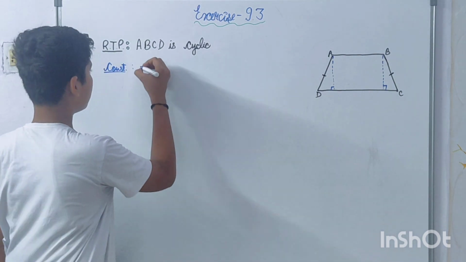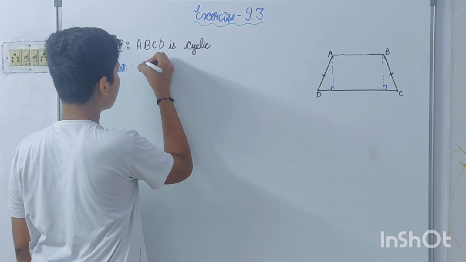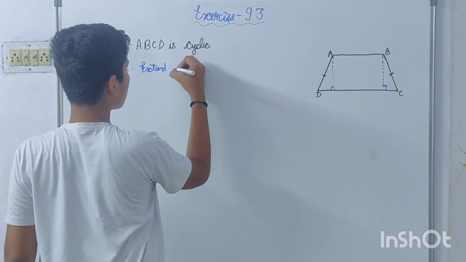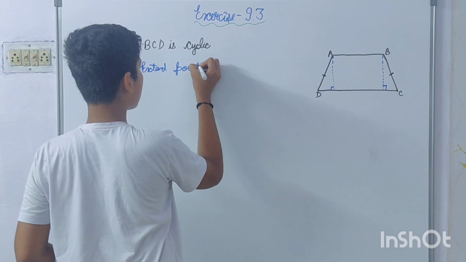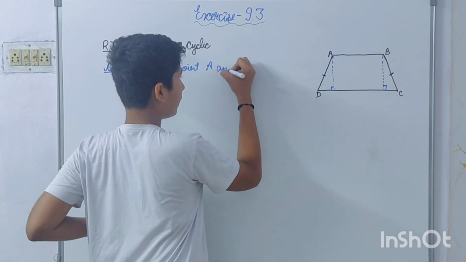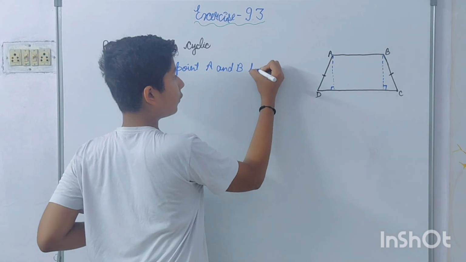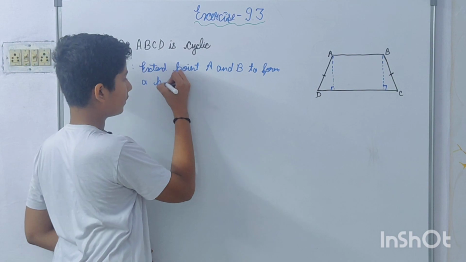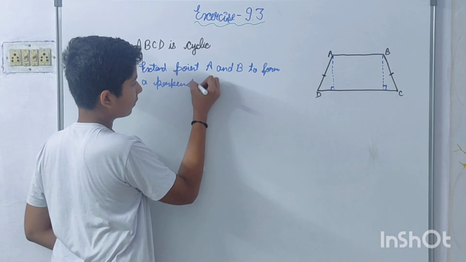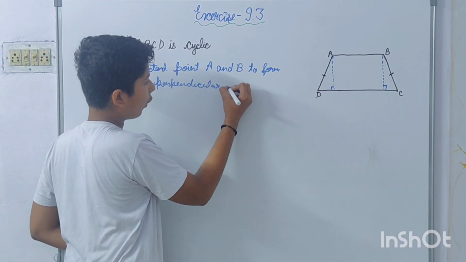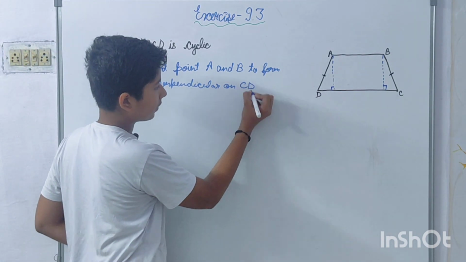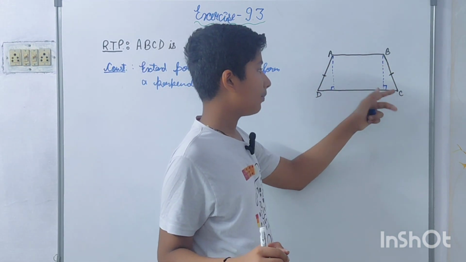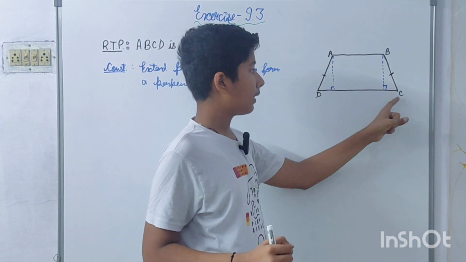In construction, we write: extend point A and B to form a perpendicular on CD. So CD is a side, and this basically says that we have extended points A and B to form a perpendicular on these lines.